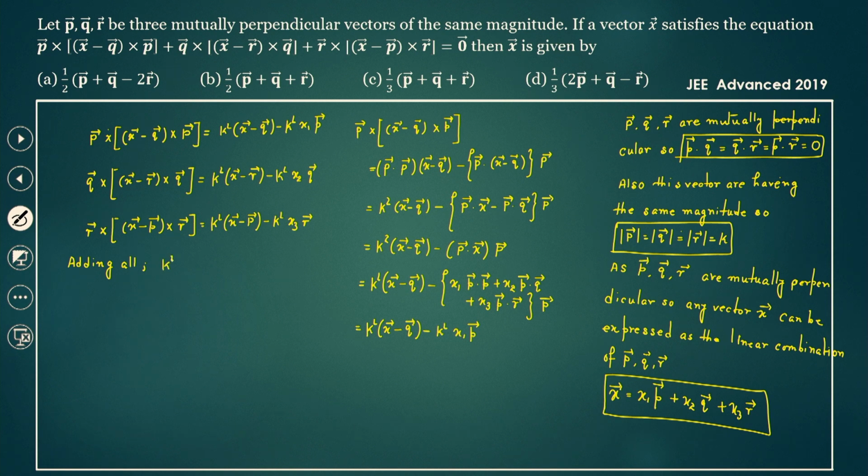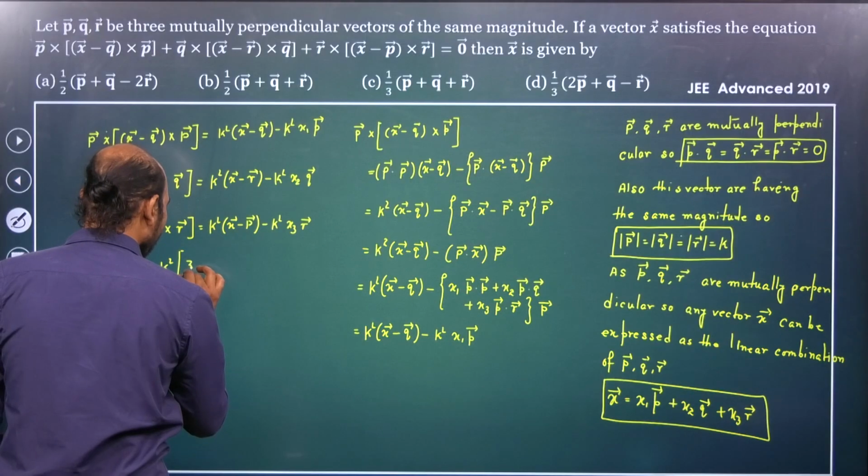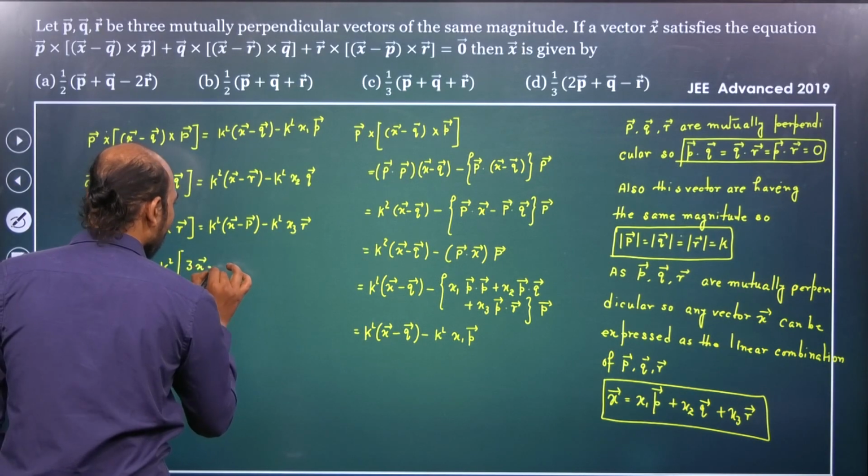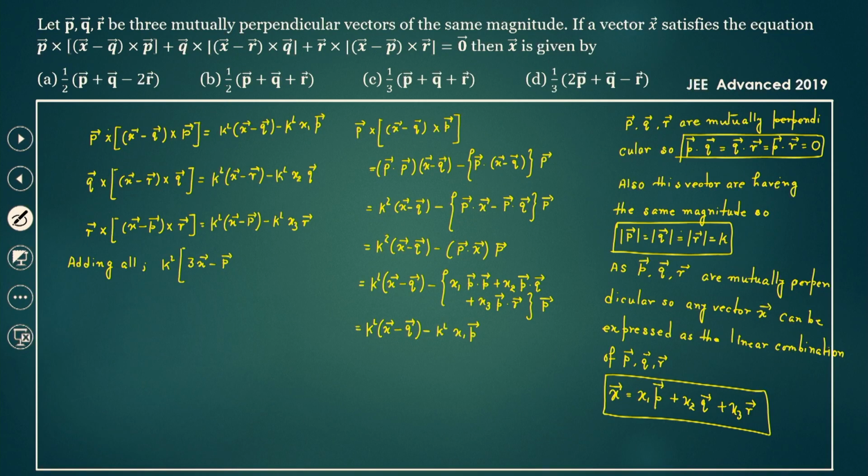So therefore, k square into 3x minus the vector p plus the vector q plus the vector r, plus we can write minus k square into x1 of vector p plus x2 of vector q and x3 of vector r.